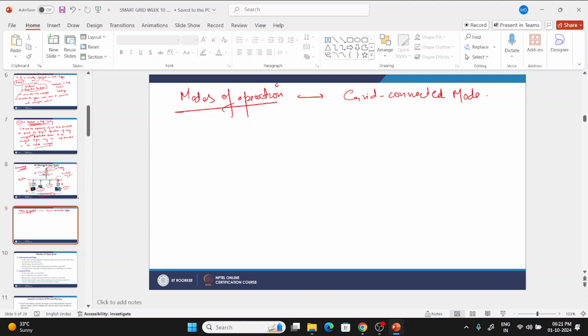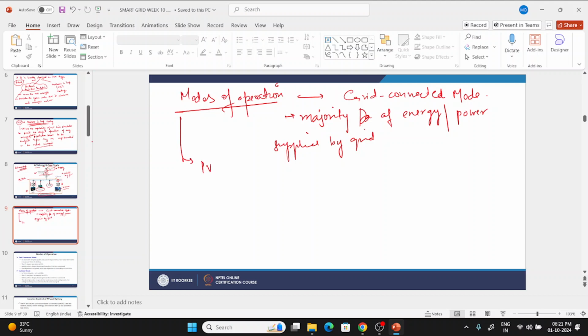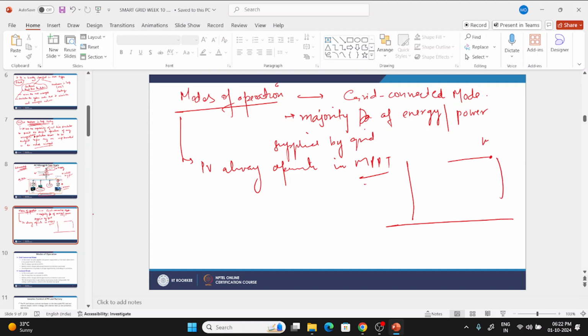In this, the majority of the power, almost the majority of the energy or power requirement, is supplied by the grid. And in this, the PV always operates in MPPT mode. MPPT, I told you last time and I will revise it, is where the maximum power happens.